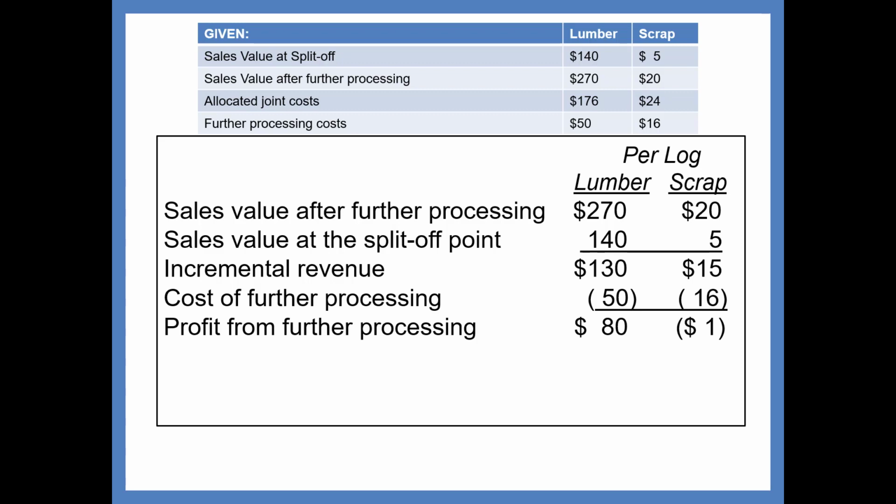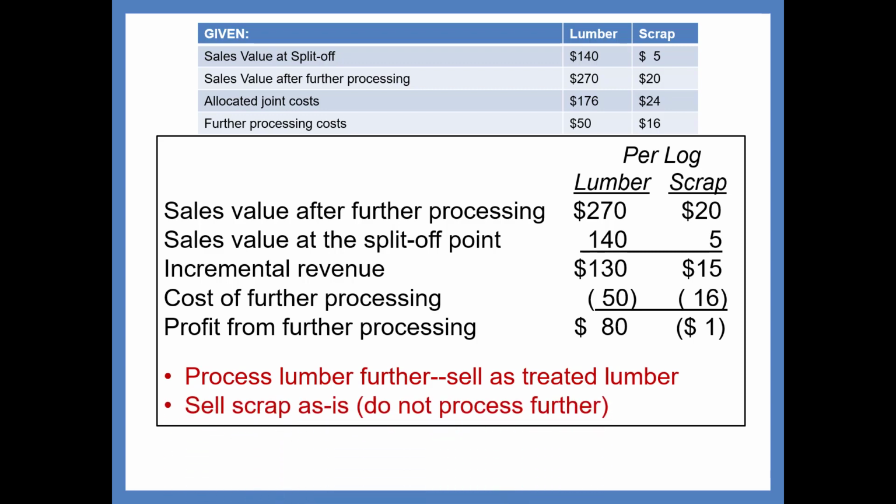So based on this information, we would process lumber further and sell it as treated lumber, and we would sell scrap as is. We would not make Presto logs unless there were some other reason that might have us believe it's a good idea to do this.